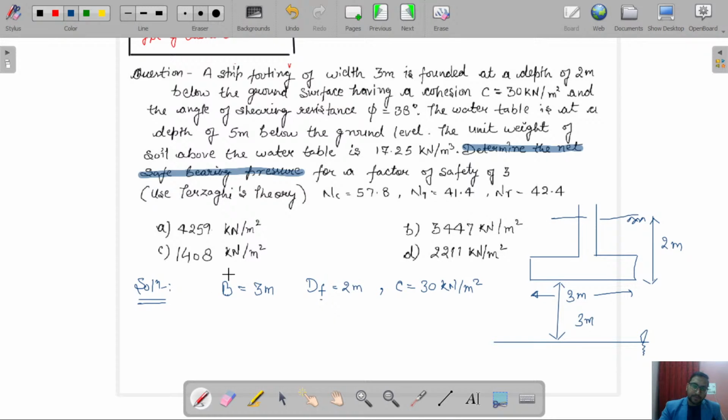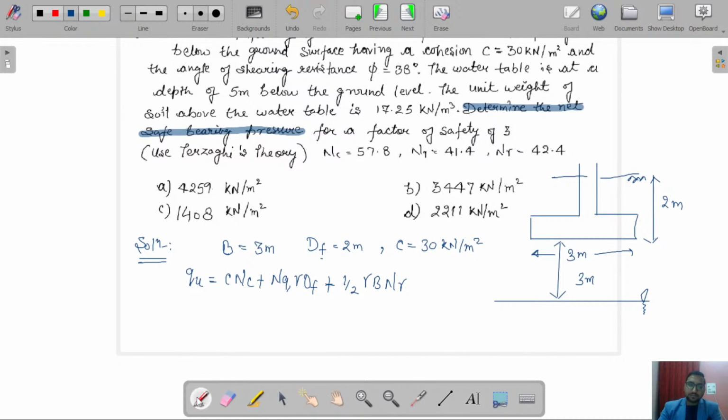Right? So I can calculate the ultimate bearing capacity Qu, that is c Nc plus Nq into gamma into Df plus half gamma into B into N gamma. Let's put the values.